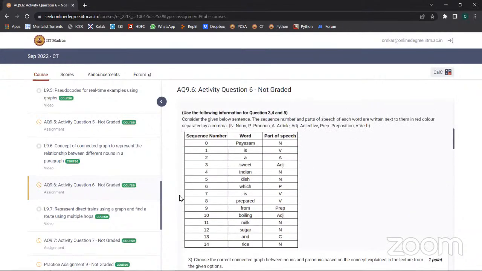So look at this particular table. Paisam is a sweet Indian dish which is prepared from boiling milk, sugar, and rice.